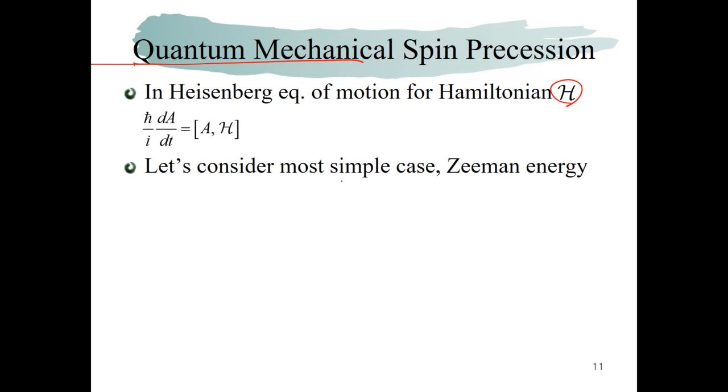So let's begin with the very simple case with the Zeeman energy. So that means the Hamiltonian is given by this form. Actually, this is the magnetic moment.